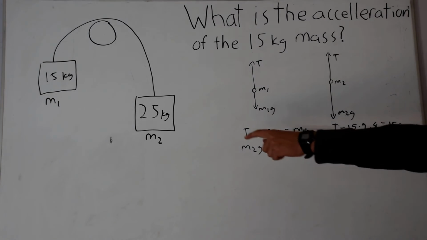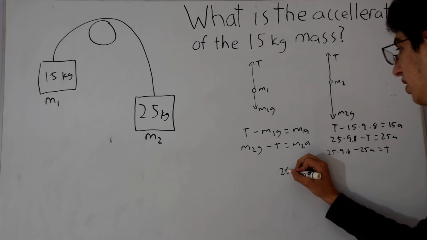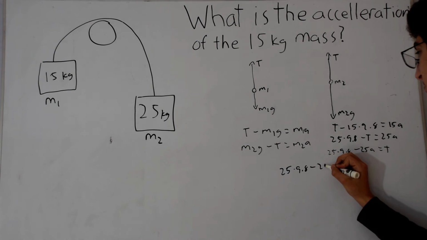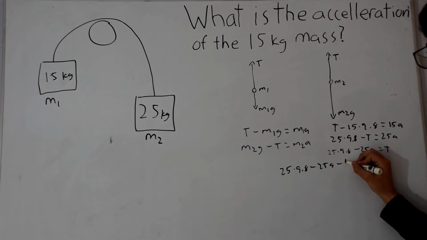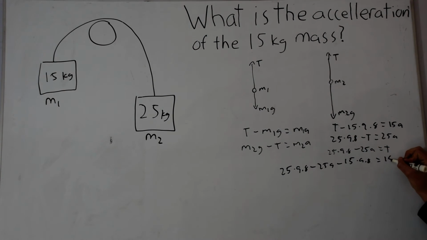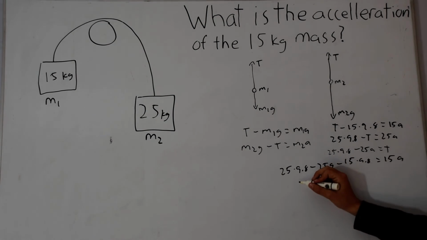And remember, because it's a string, the tension force is going to be the same. So I can safely plug it in. I can get 25 times 9.8 minus 25a minus 15 times 9.8 equals 15a. Okay, so I have one variable, and when you solve for a, you get 2.45.